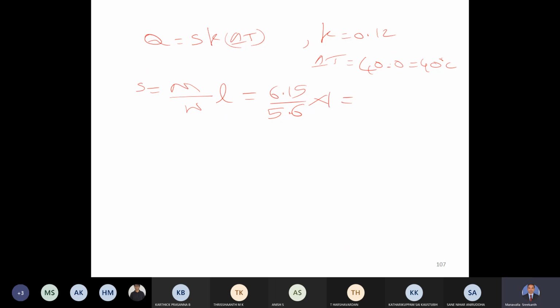So this will be 1.1 meters. Now we'll find out the value of Q. Q is equal to 1.1 multiplied by 0.12 multiplied by 40.